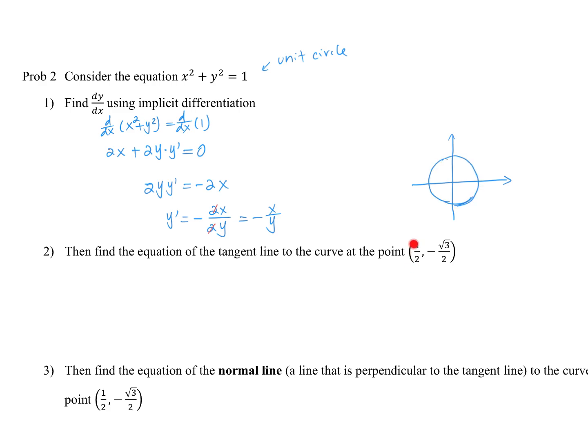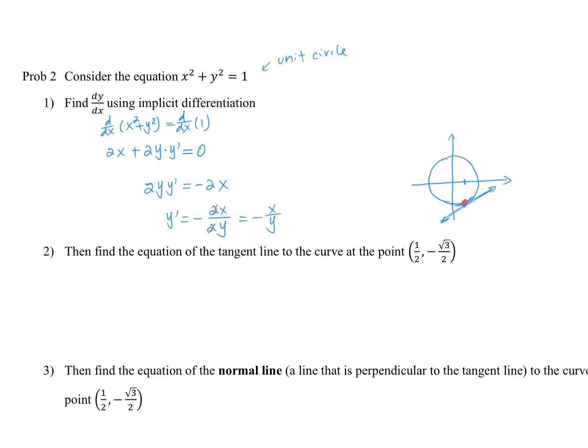And what we are looking at is when x is 1/2, y is negative root 3 over 2, which is somewhere here. We want to find the equation of this tangent line, right? So that's what we are trying to find.